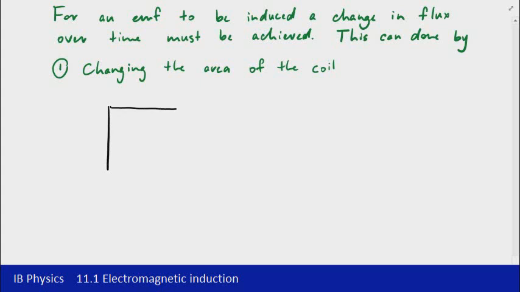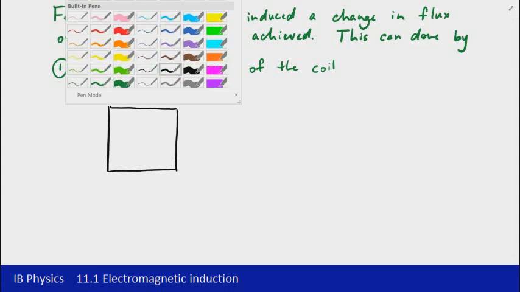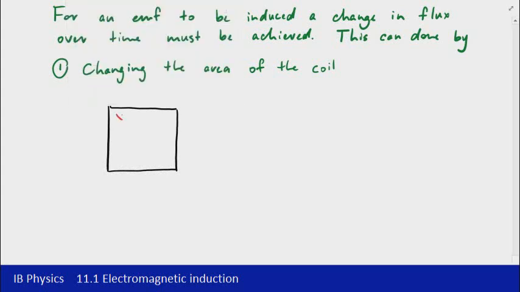We'll deal with a square coil here just because the area is a little bit easier to analyze. And imagine we've got a magnetic field that's directed into the screen, as represented by the crosses here. And we're going to keep that magnetic field strength the same, so at some later point in time, I'm going to still have that same magnetic field.